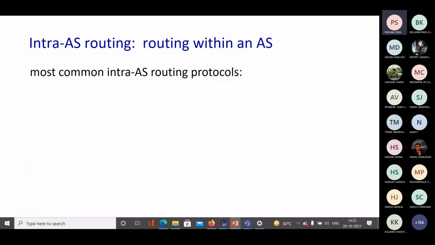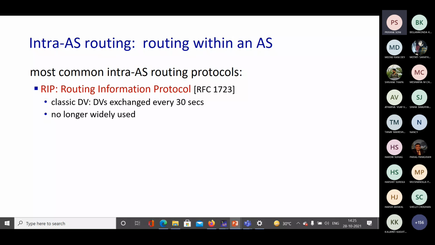Now let us see what are the different types of intra-AS routing protocols. The most common one is RIP, or Routing Information Protocol.